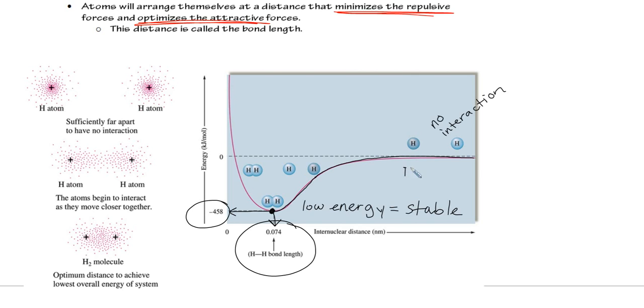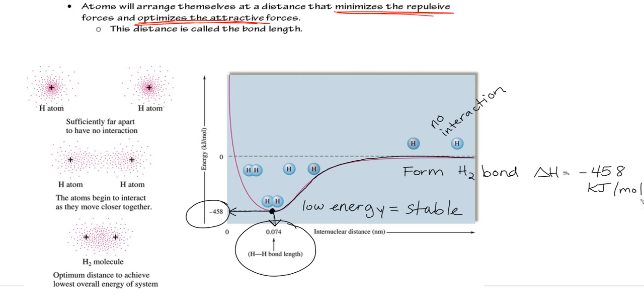So let's say when we form the hydrogen bond, delta H is negative 458 kilojoules per mole. We release 458 kilojoules per mole.